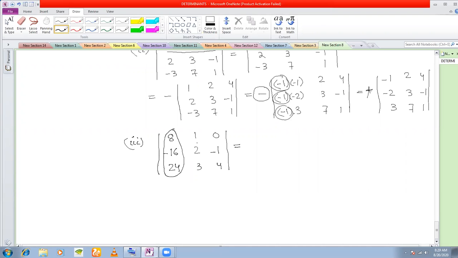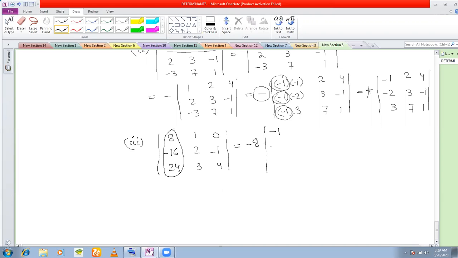What is the HCF? The HCF is 8, right? But I take -8 out instead of 8. Then this 8 at the top will become -1.